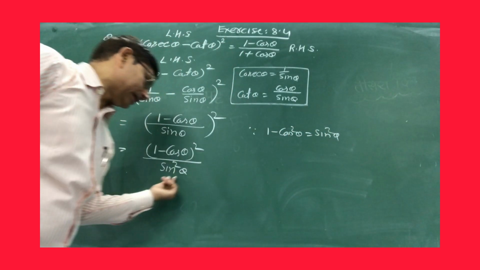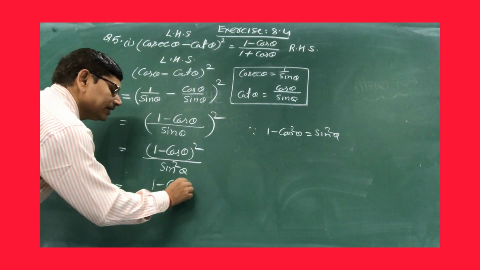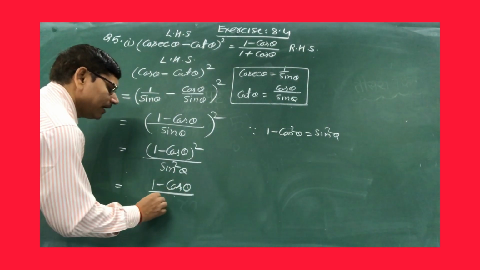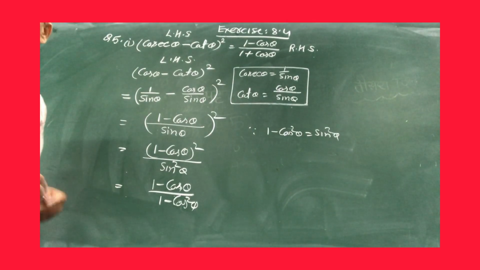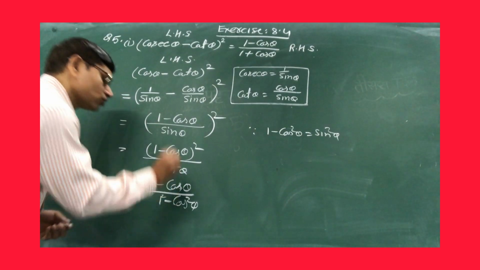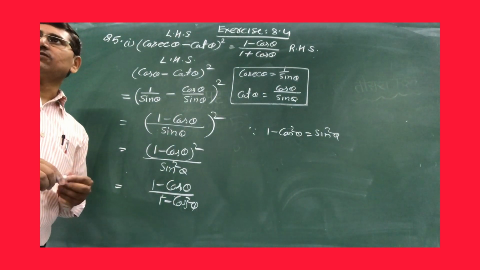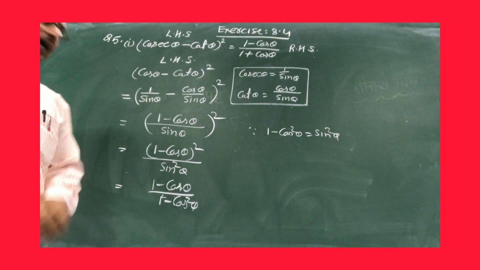So you will use that identity here: (1 minus cos theta) whole square, once again the same, don't touch it, divided by 1 minus cos square theta. But dear, here 1 is written as 1 square. Now you can see that this is a square minus b square.